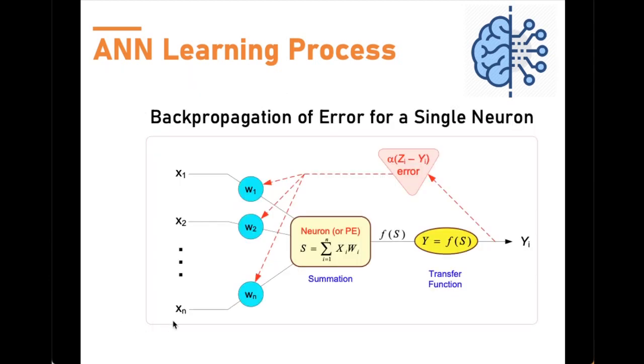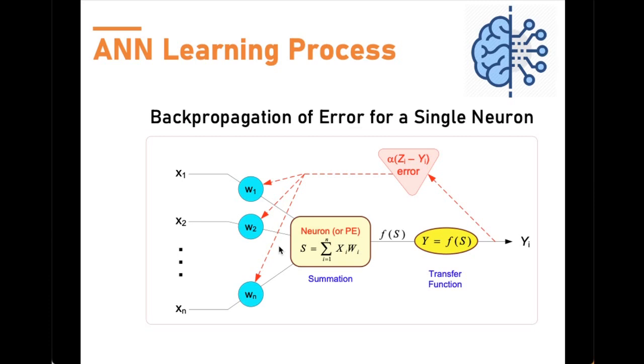The figure displayed in this slide is an illustration of the backpropagation of error for a single neuron. As I mentioned in the previous slide, the error calculated, which is the difference between the actual output and the desired output, is propagated backwards and distributed through the inputs.